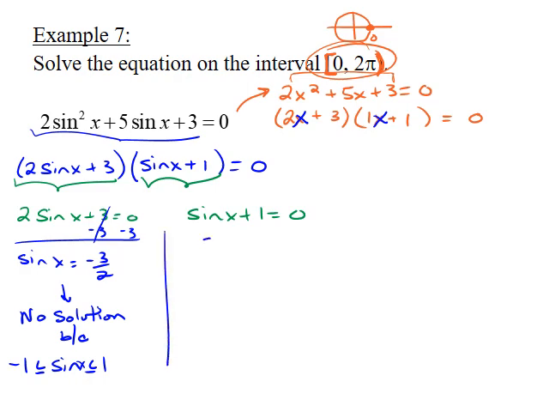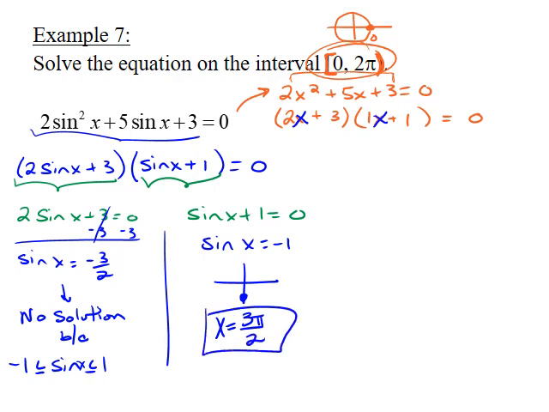I would subtract 1 from both sides, and I would get sine of x is equal to -1. Well, if you refer to the unit circle, you'll find that sine of x is equal to -1 here, and only here, which is 3 pi over 2. This is the only solution to this equation.